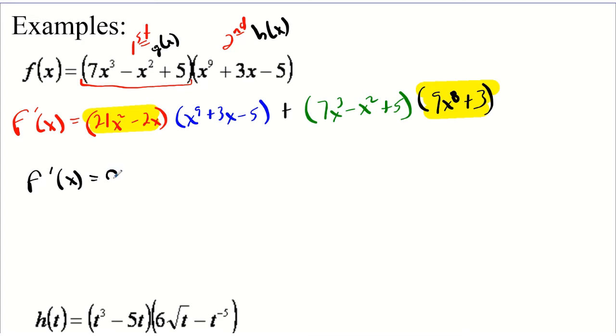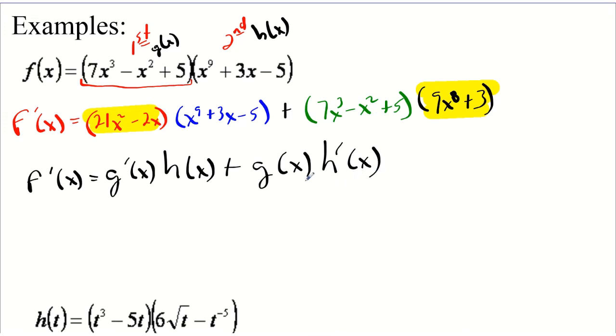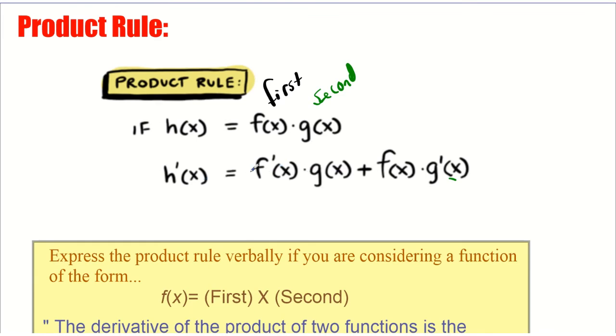If the first is g of x, g prime of x is the symbol for the derivative of the first, multiplied by the second, which is just the regular h of x, plus the first, which is g of x, multiplied by the derivative of the second, which was h prime of x. So if I go back here and look, that's what they mean by this. And as I said, these two here are the only two where you're really using your differentiation rule, which of course relies upon us having been exposed to the power rule in our previous section.